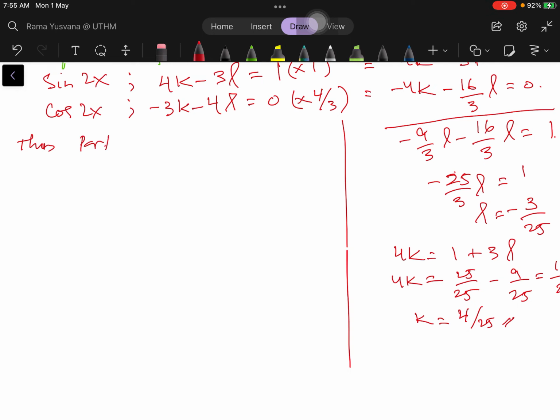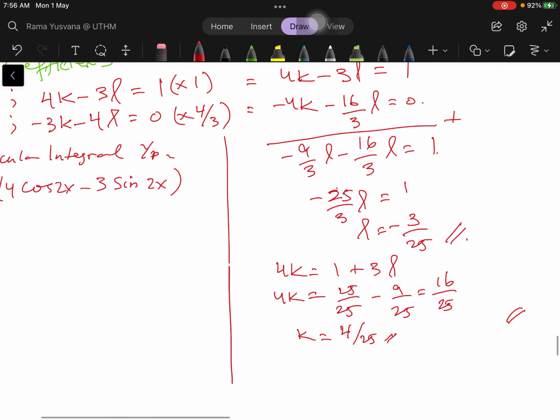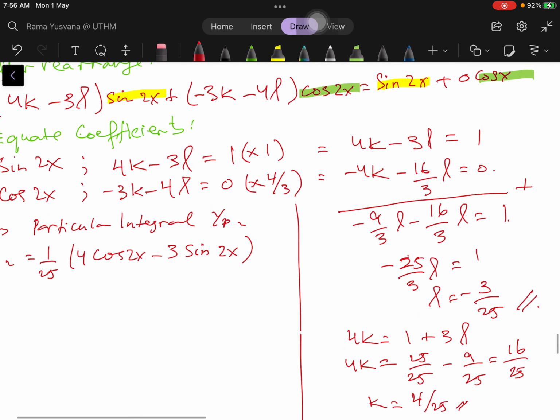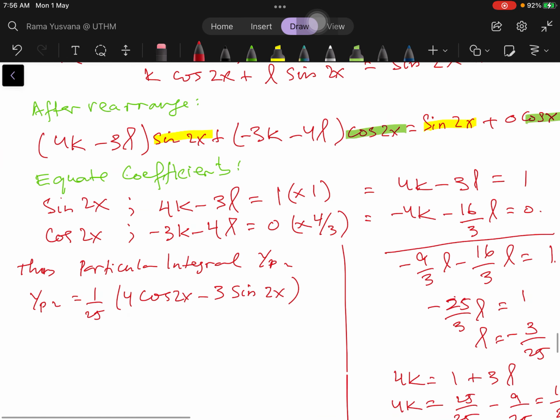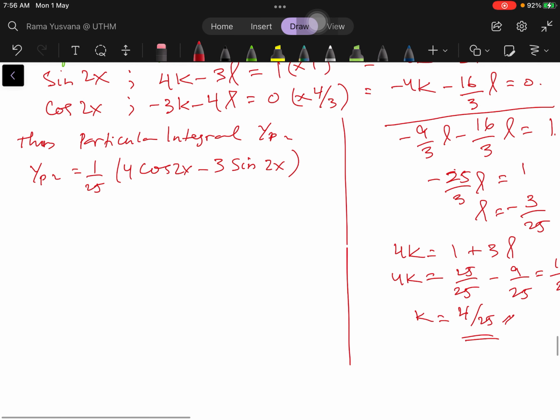Thus our particular integral yp2 equals 1/25 times 4 cos 2x minus 3 sin 2x, because our k here is 4/25 and our l is negative 3/25.